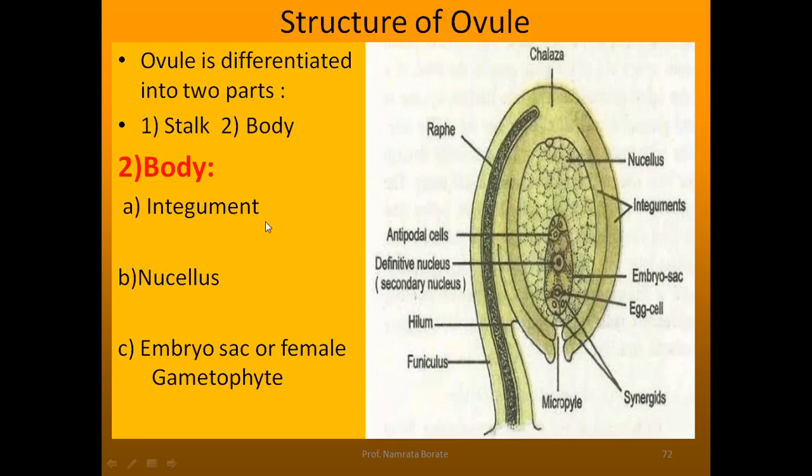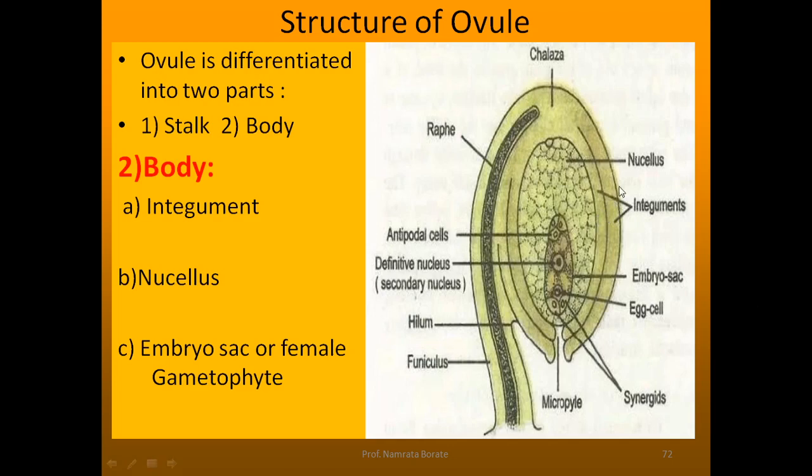It is the integument. You can see this image, integument. Inside the integument there is the nucellus, meaning the nucellus is covered by two coats that are called integuments. The outer coat is called the outer integument, and the inner coat is called the inner integument.